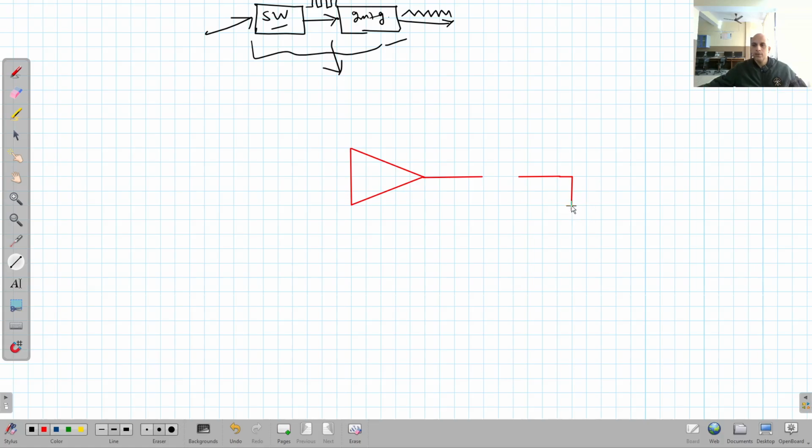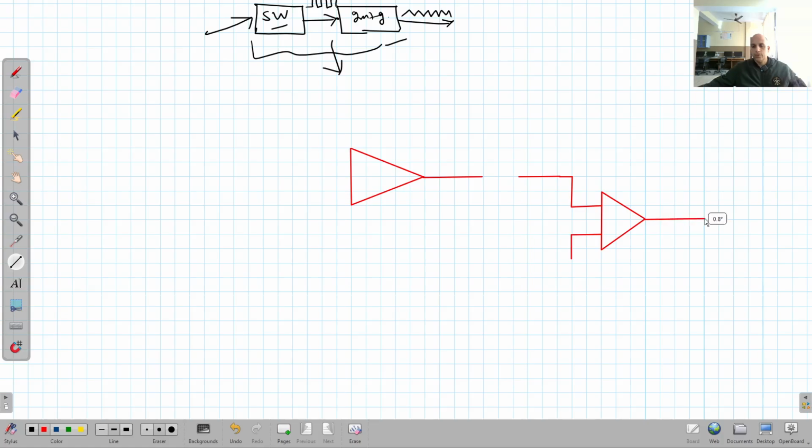Then I have one more operational amplifier that is going to act as an integrator.